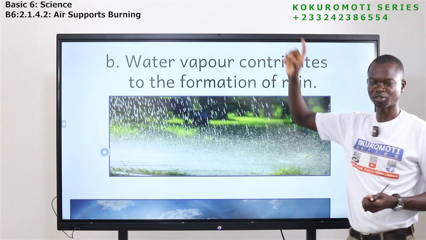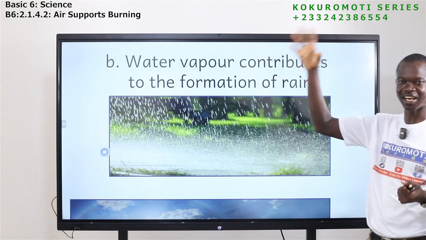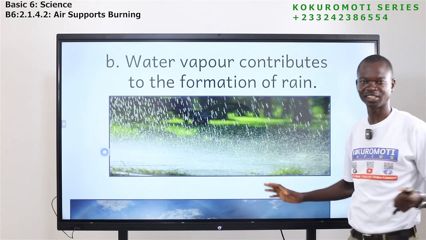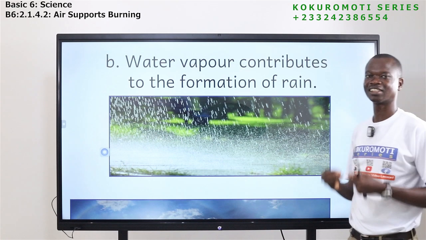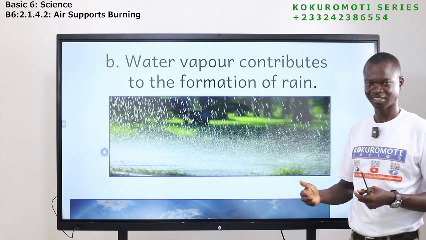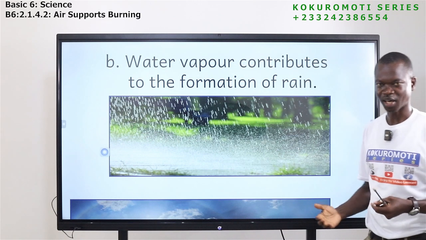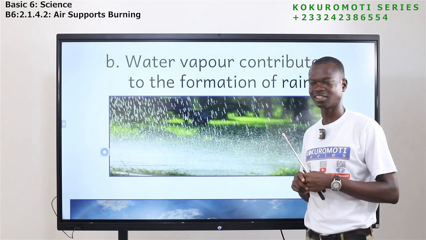When it goes up in the form of water vapor, the water vapor will change to form clouds and later it will fall as rain. So you see, water vapor plays an important role in the water cycle, how rain is formed and how rain falls.